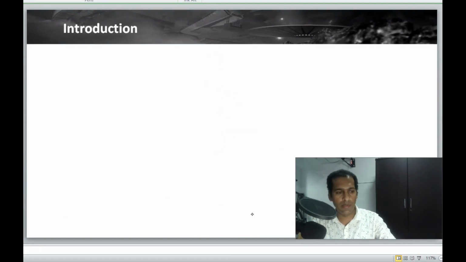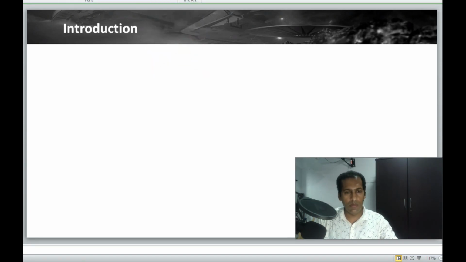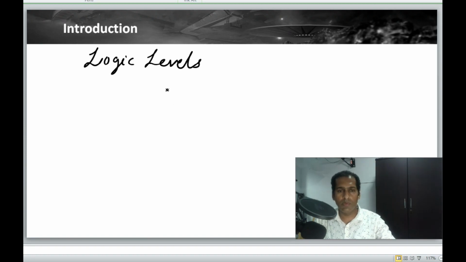Now let us discuss logic levels. The next topic we can discuss is logic levels. What is logic and what are the logic levels? The reason we can store more information in digital in less space, while we require more space in analog, we'll see with an example.